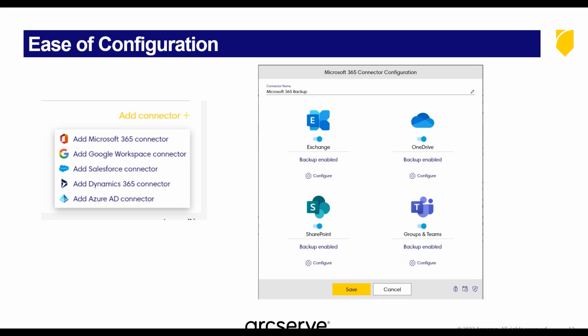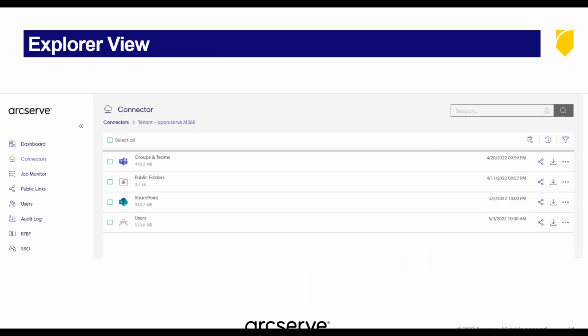And then I create another one just for my OneDrive, another one just for my SharePoint, etc. Or I can create multiple for my OneDrive, because my OneDrive is very big, so I don't want to wait a long time for my first backup. So I split up the OneDrive backup based on user group. I can do that. So I can create multiple connectors to speed up the backup.